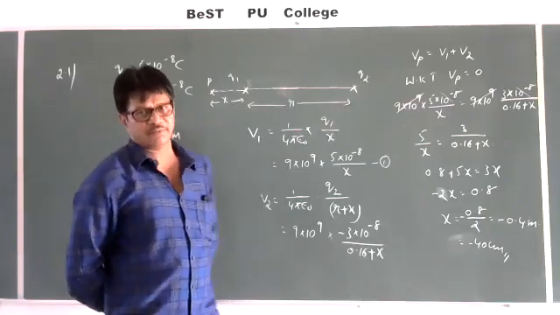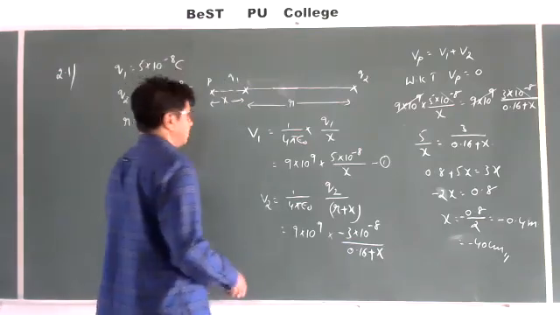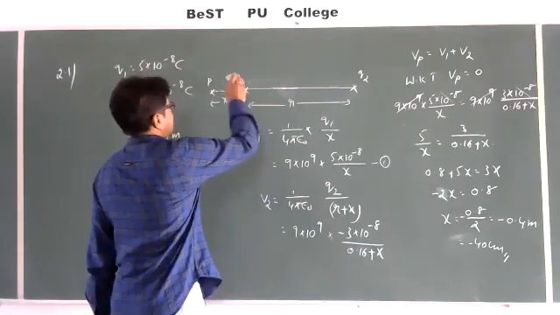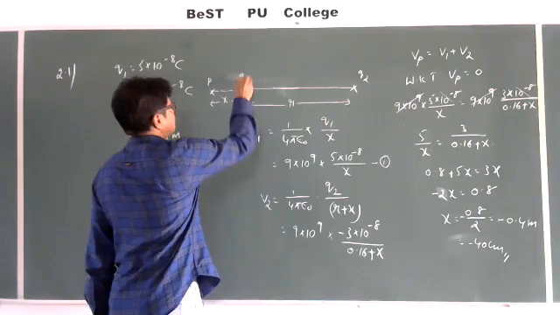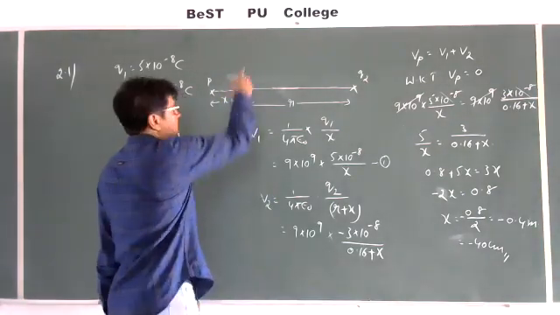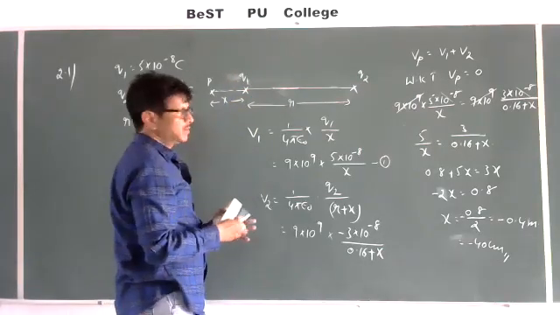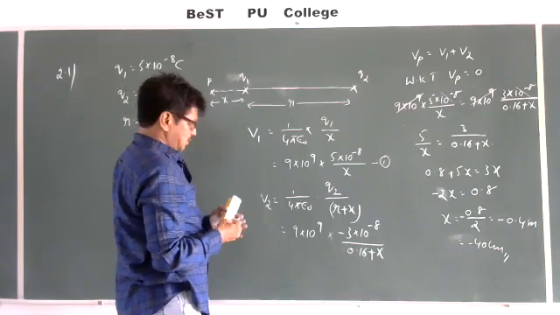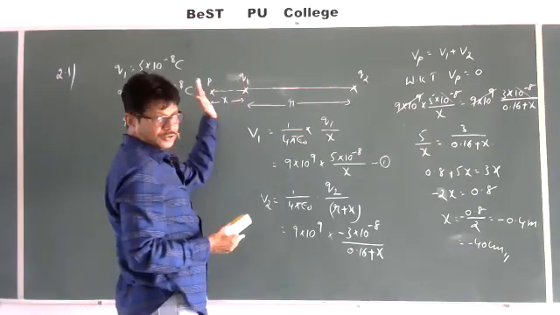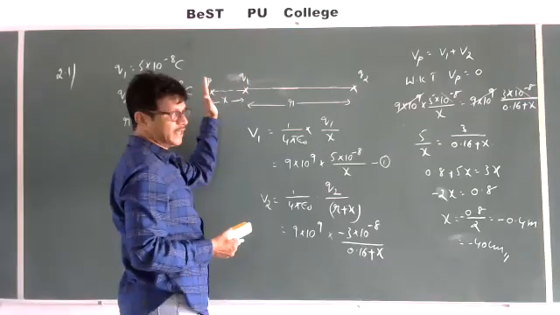Here minus symbol indicates that if I consider the position of Q1 as an origin, the left side of the origin, so left side of Q1 will be always negative value.